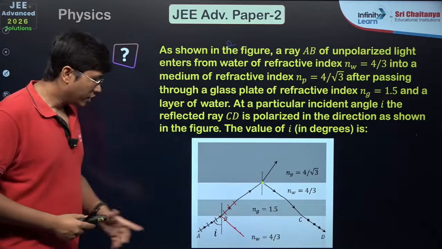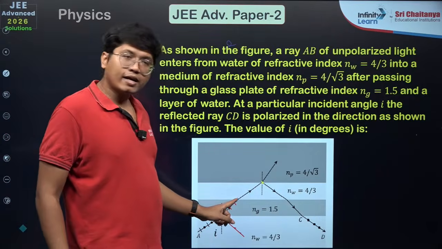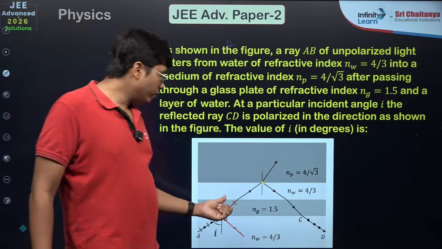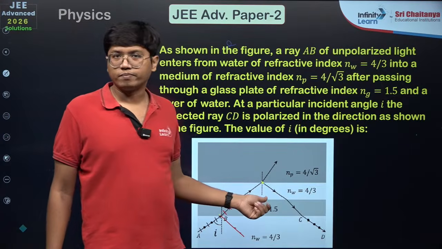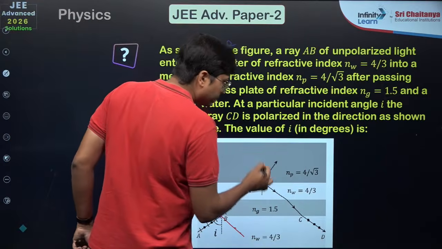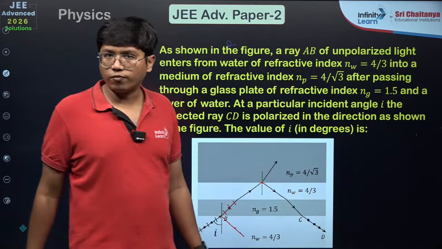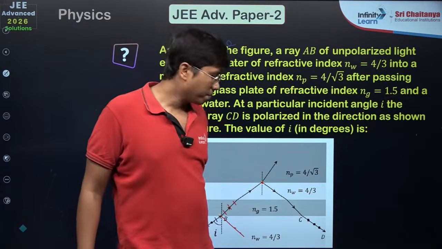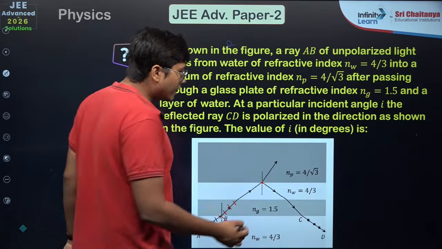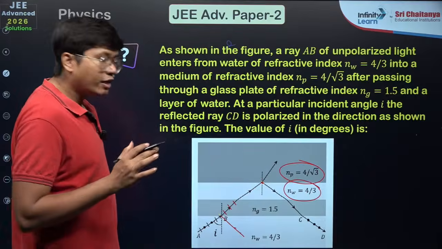So I know for sure here it's not hitting Brewster's angle. Over here there can't be, because it's going from a denser medium to a rarer medium. So there it can't happen. The only possible place where it can happen is over here, because after that it cannot happen. There's no scope for it to happen there. That means I only need to worry about this value and this value.